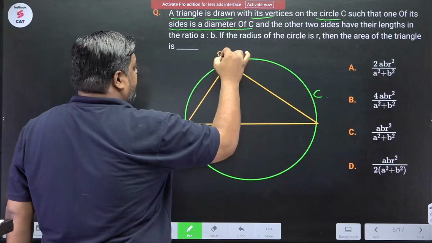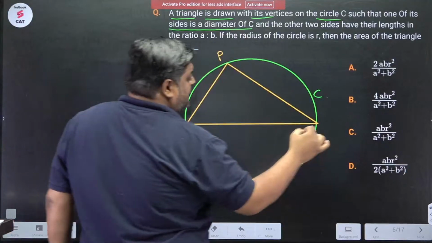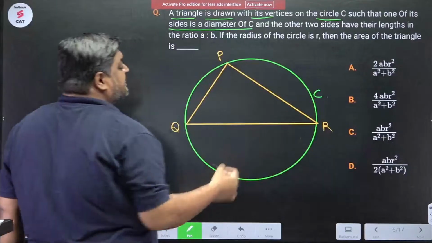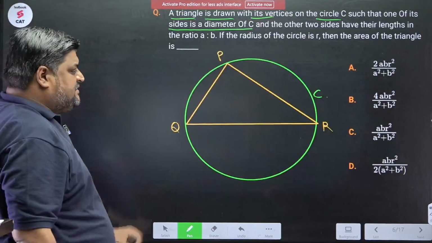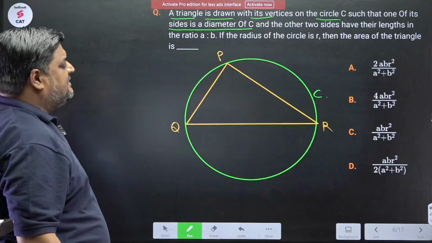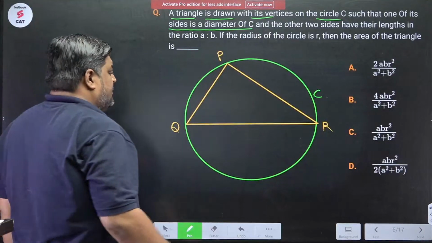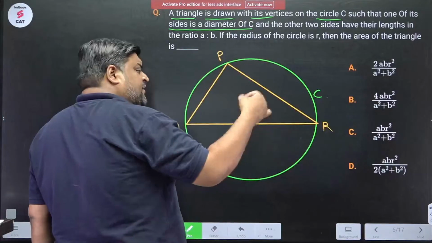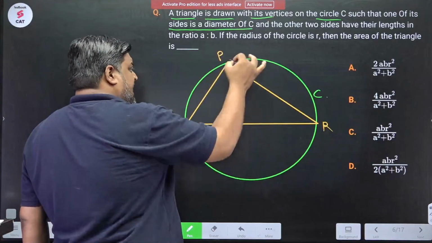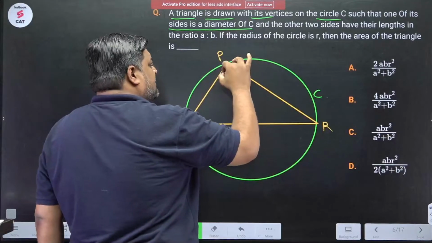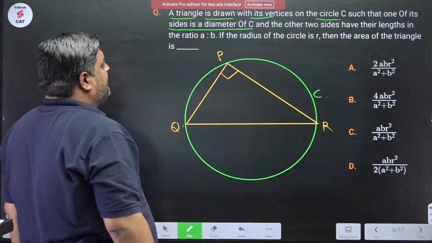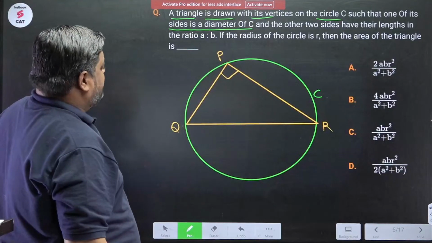The triangle PQR, where PR is the diameter of the circle, and we know from the properties of a circle that the angle in a semicircle is 90 degrees. If QR is the diameter, this angle QPR is the angle in the semicircle. This is bound to be 90 degrees.